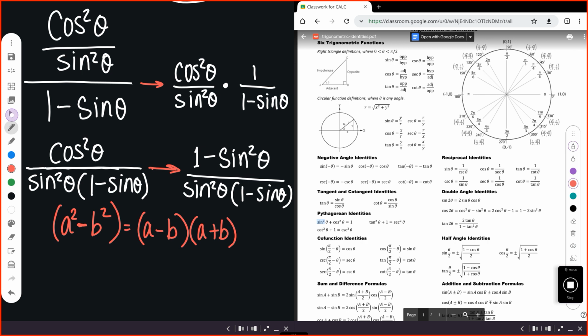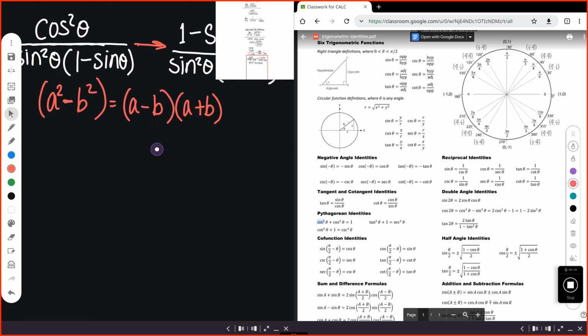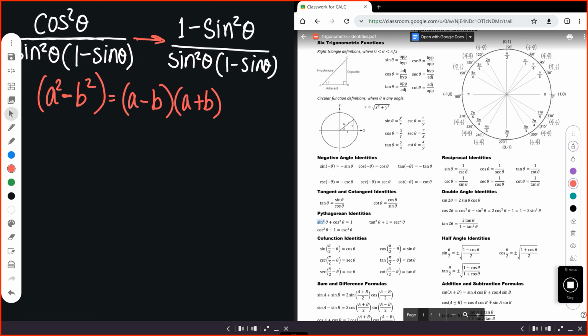Let's do that for my numerator, because I look here, 1 has a square, I have a minus, and I have another square. So let's apply that here.